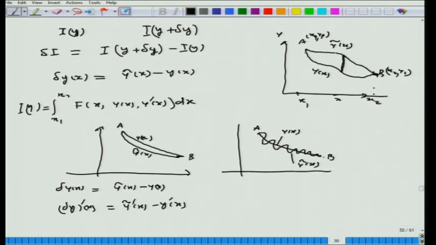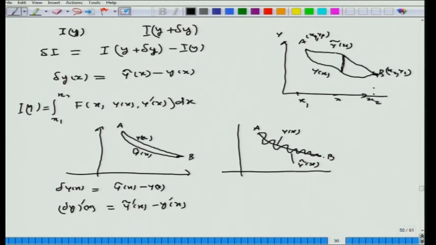Here let us say y(x) and y tilde(x) are two admissible functions, that means they pass through these two fixed points a and b, and they have the property that the functional is defined. So, the variation in y is defined like this: delta y at x is y tilde(x) minus y(x).